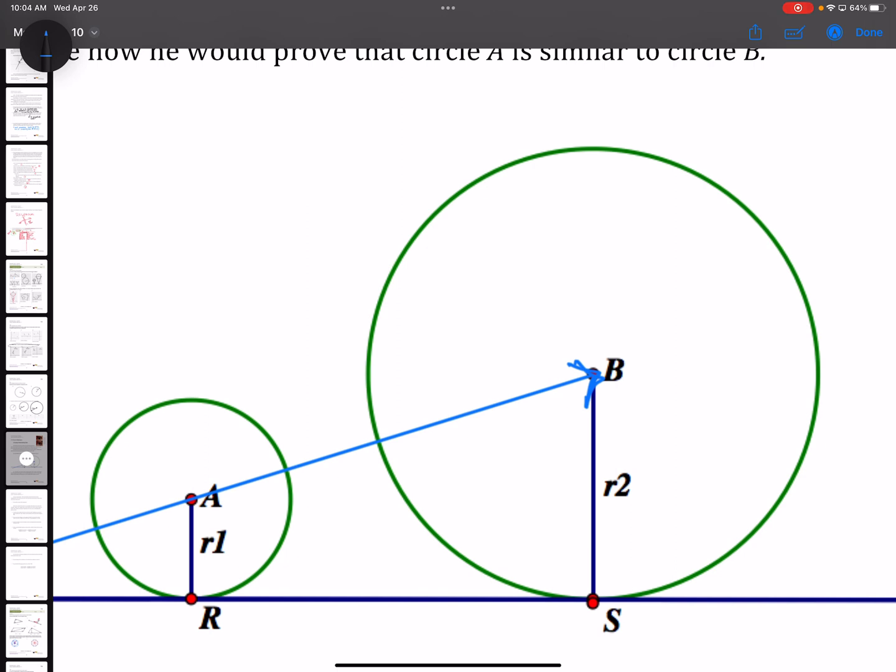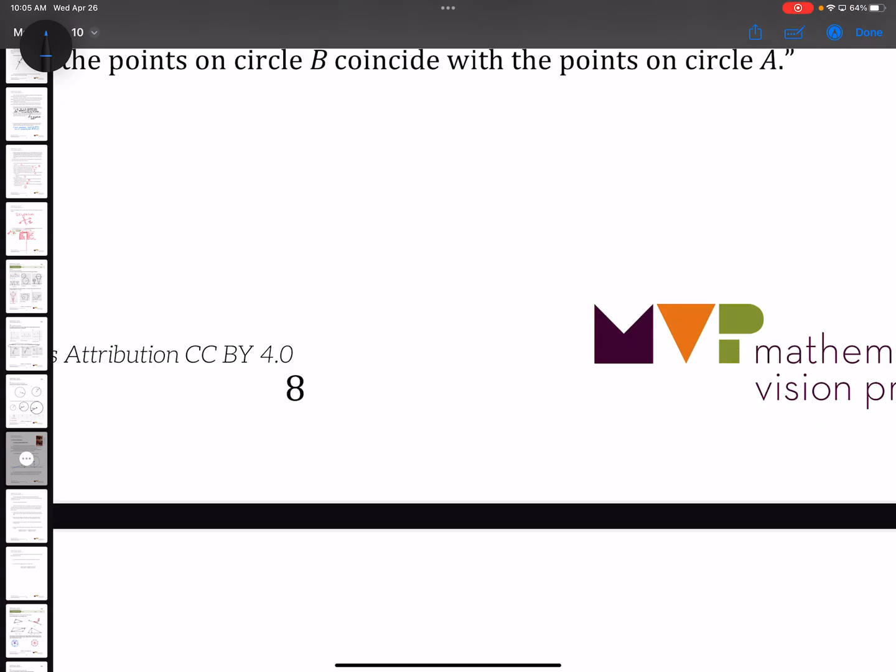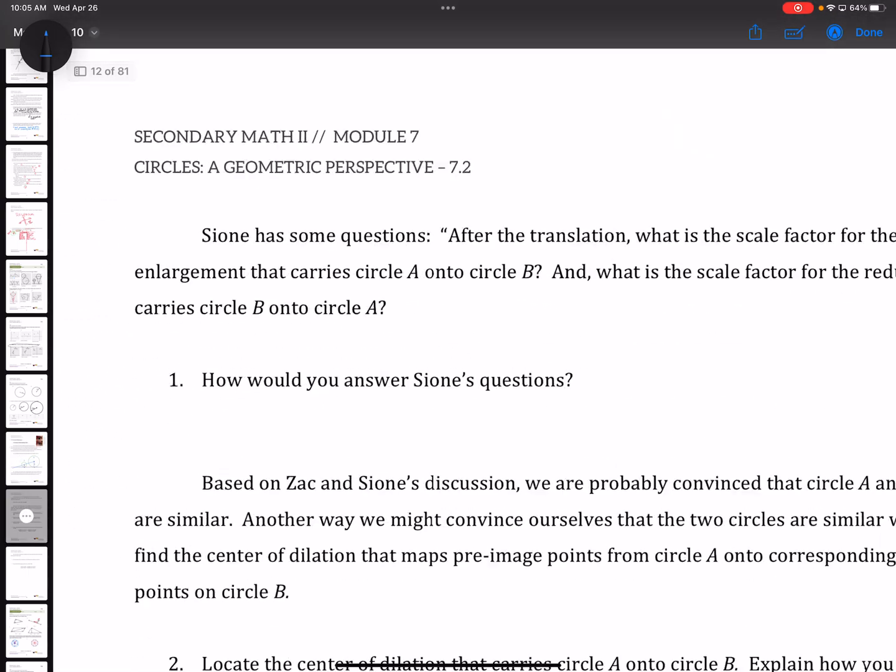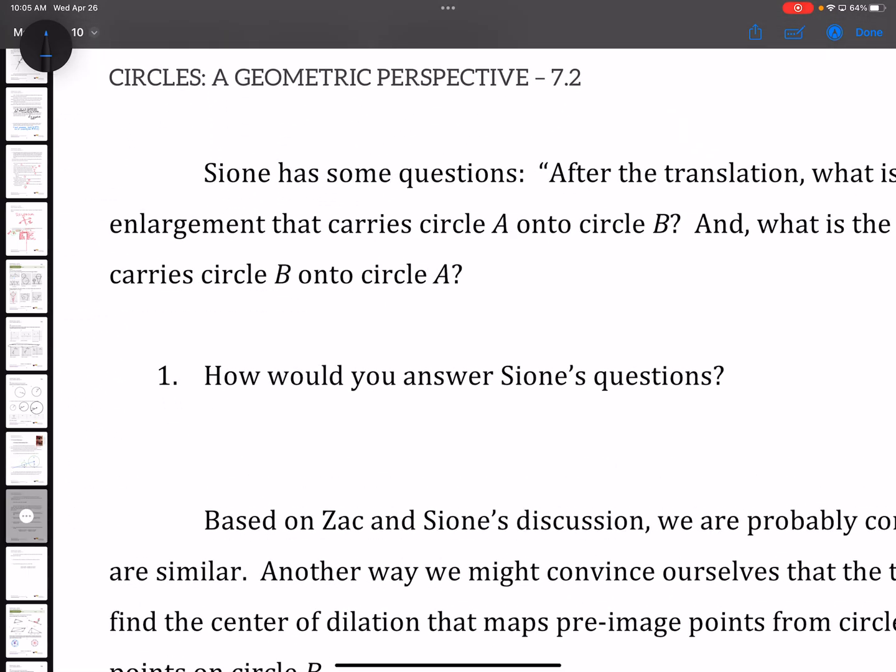Now, this is not saying 1R and 2R. Those are labels; they just didn't know how to work the subscript button on Microsoft Word. So this is actually R1 and this is actually R2. So, to enlarge, we would say the larger one divided by the smaller one. That's our enlargement factor.